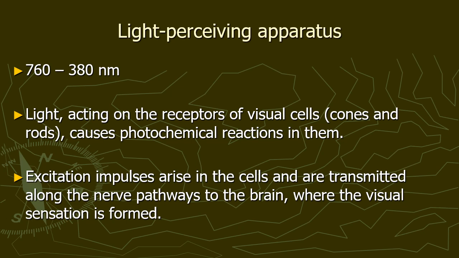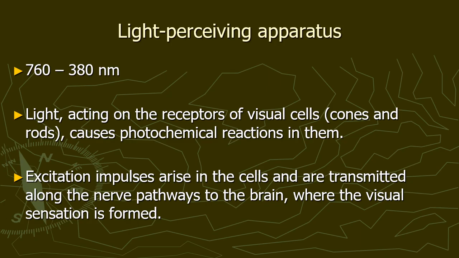As for the light-receiving apparatus, that is, the formation of a nerve impulse for processing and the formation of the image of visual objects that are around us, we can say that we have the ability to perceive electromagnetic vibrations in the wavelength range from 760 to 380 nanometers. First of all, light is refracted by the eye and it acts on the receptors of visual cells.